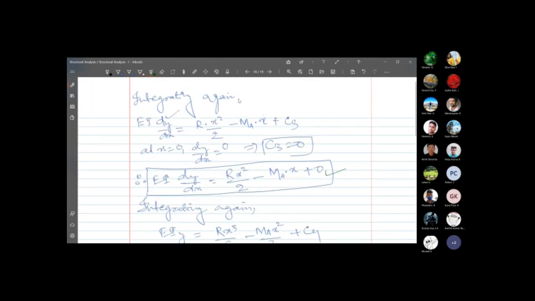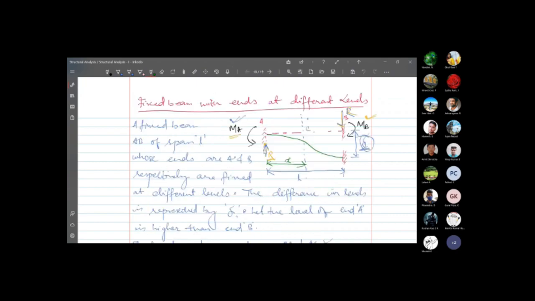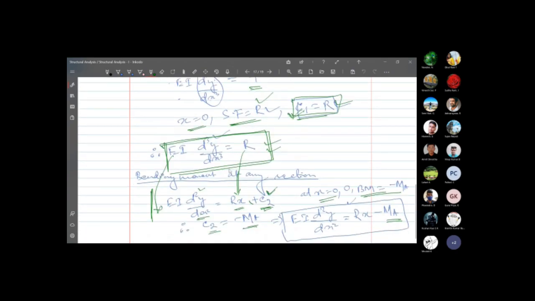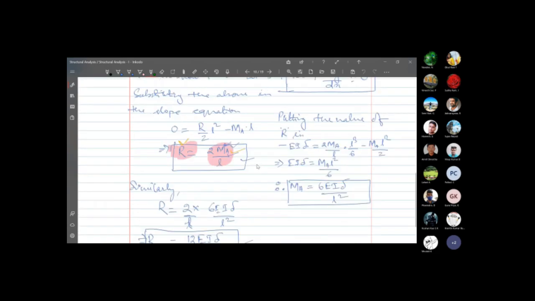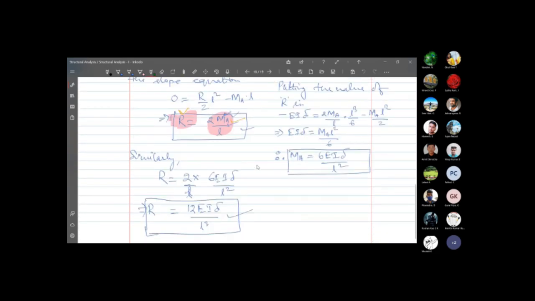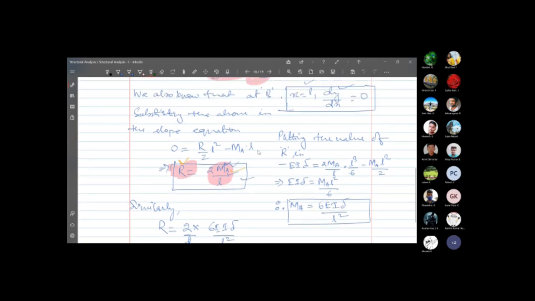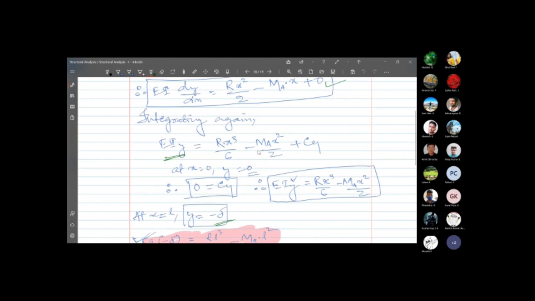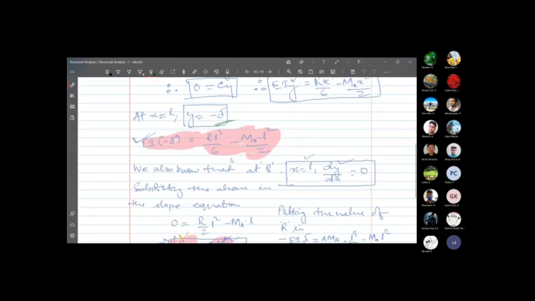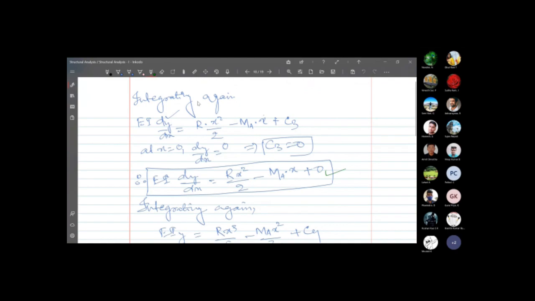But while finding the moment at B, before that we need to find M. Sir, there is Rx, but you wrote Rx square here.